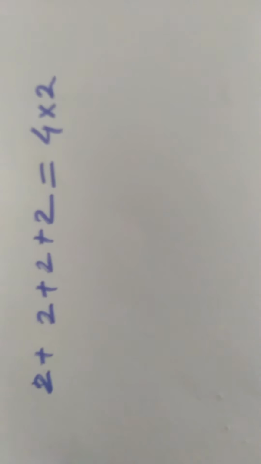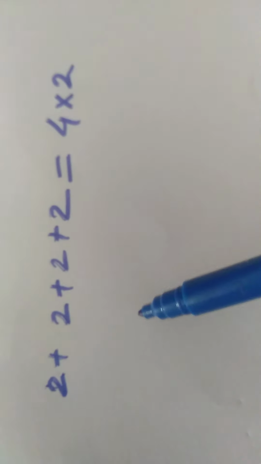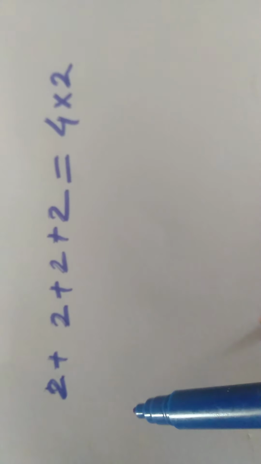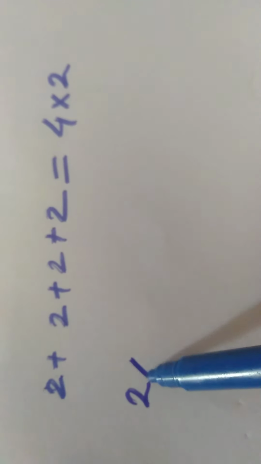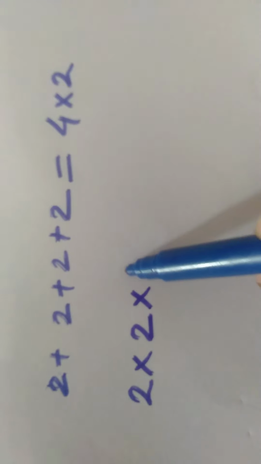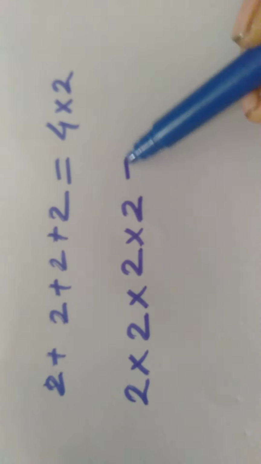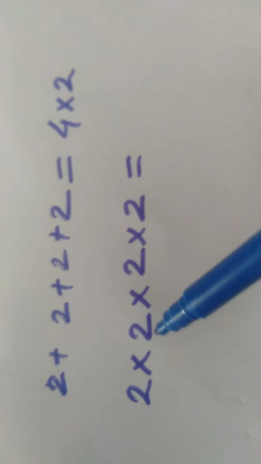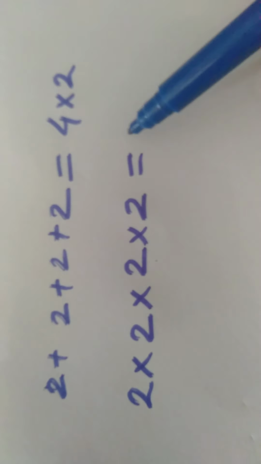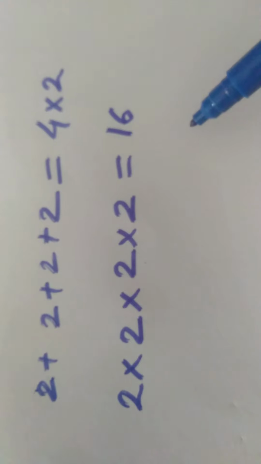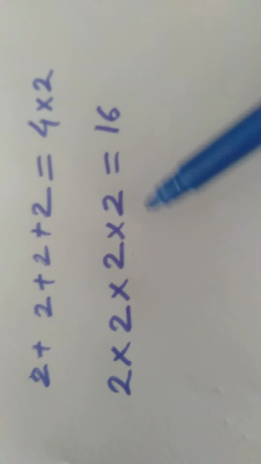Now if in place of addition the multiplication is there, suppose 2 is multiplied to itself 4 times, then we are getting 2 2s are 4, 4 2s are 8, 8 2s are 16. But this is for only 4 times.